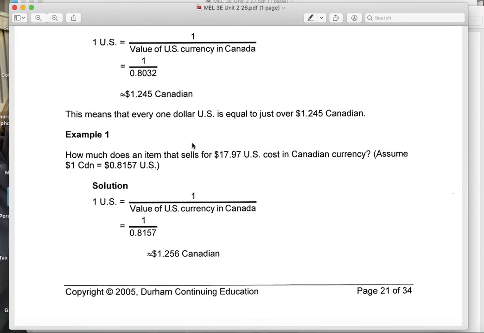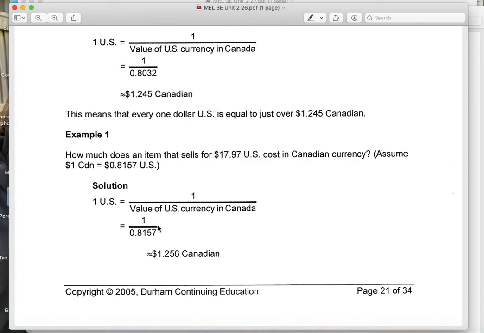So here's an example looking at this question. How much does an item that sells for $17.97 US cost in Canadian currency? So we are going to use this exchange rate of 0.8157. So when we're finding the United States dollars, we're taking that 1 US dollar and dividing it by the exchange rate.